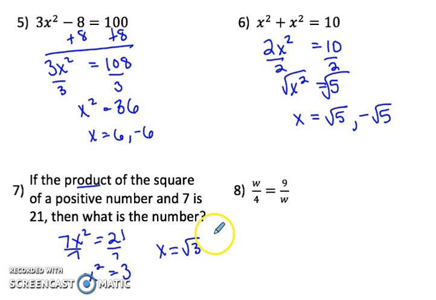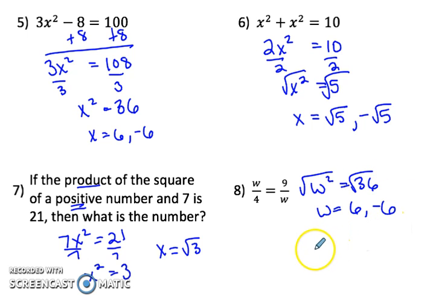It would be negative root 3 also, except that it says I need a positive number. So I just get x is equal to root 3. On number 8, we cross multiply. We get w squared is equal to 36. That means w is going to be equal to 6 and negative 6 once I take the square root of both sides. And there we go.